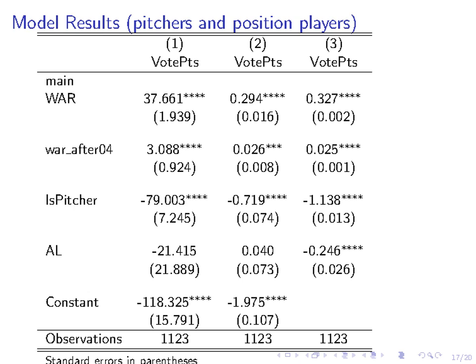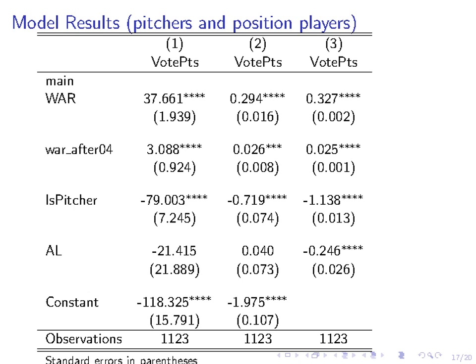And so model 1, the OLS results, are going to make the most intuitive sense because they're just a regression of vote points against WAR, units of WAR, and then WAR interacted with whether the vote occurred from 2004 onward, and whether the player is a pitcher, whether they're in the American League.